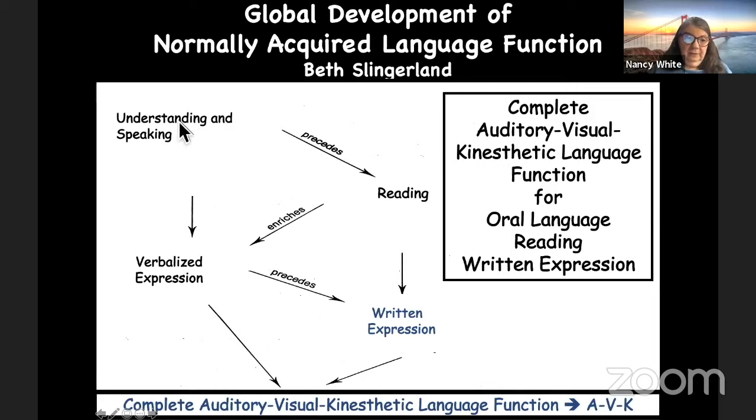And of course, it eventually leads to more complex verbalized expression. Reading then enriches verbalized expression. Verbalized expression precedes written expression, and both verbal and written expression come together for that complete auditory, visual, kinesthetic language function, which you see in the outline of the lesson plan. And you see why it's important to look from the single unit all the way down.